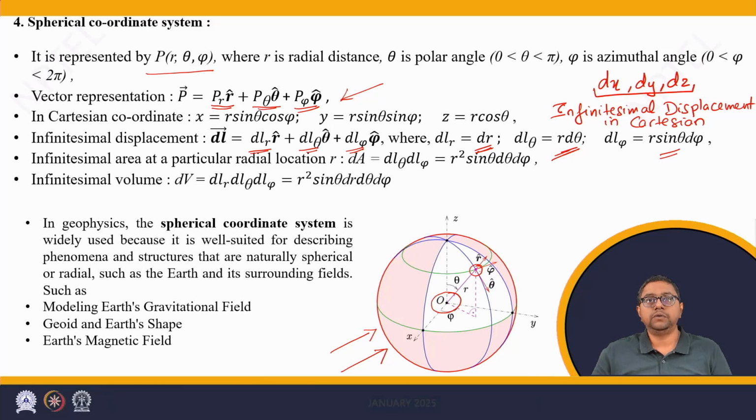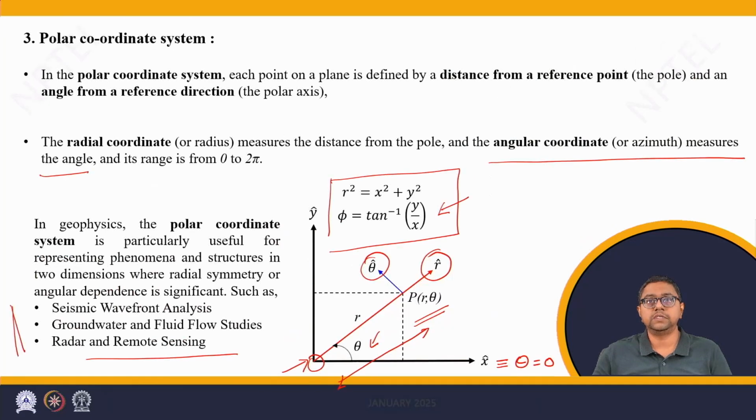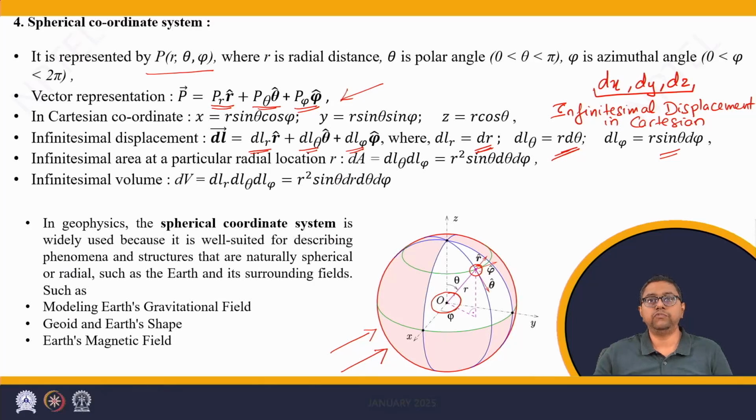So compared to the Cartesian coordinates, the planes which were shown in previous slides, upon displacement along any of these axes do not change their area. However, in spherical coordinate systems, as we move outward from the origin of the spherical coordinate system, the spherical surfaces change their area.